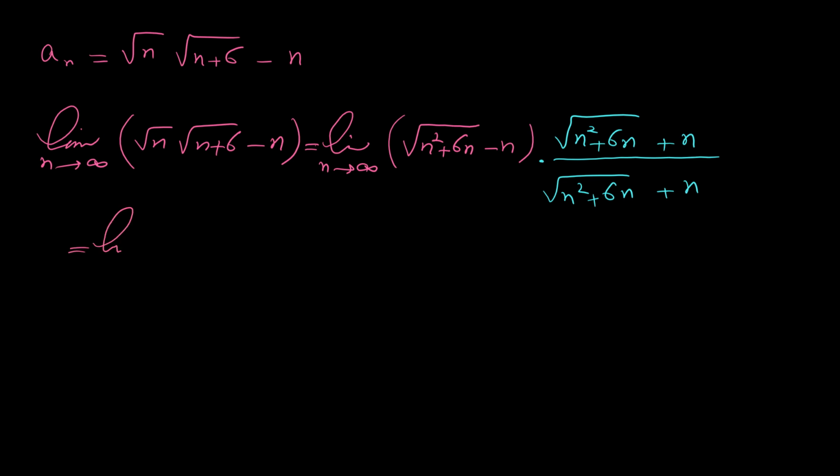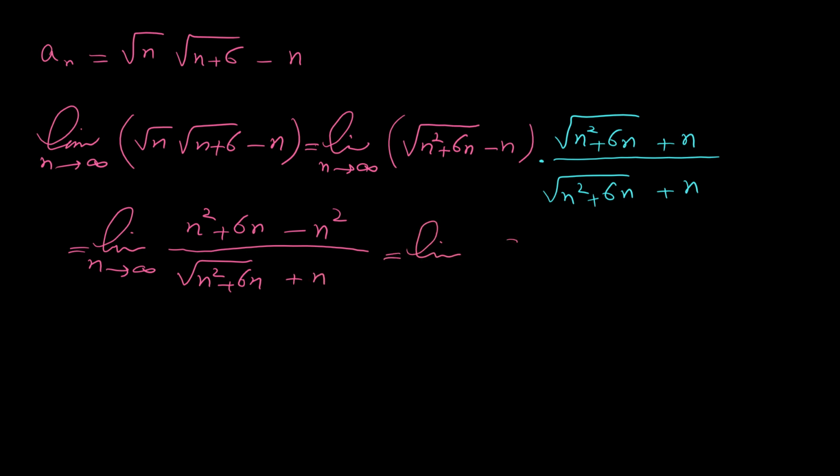By multiplying the conjugate, we have in numerator n to the 2 plus 6n minus n to the 2. And in denominator, we have radical n to the 2 plus 6n plus n. If you simplify numerator, you have only 6n, and in denominator, we have radical n to the 2 plus 6n plus n. And n approaches infinity.